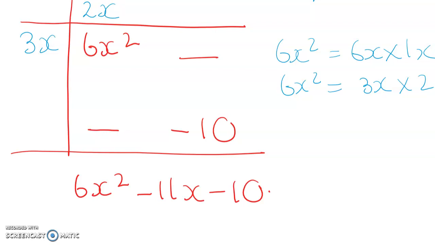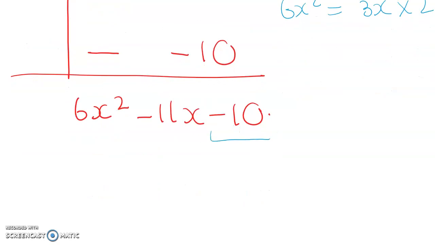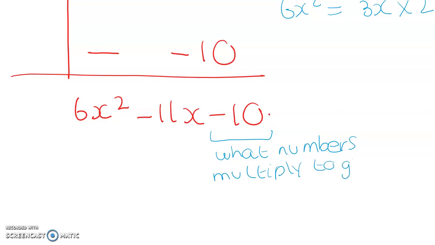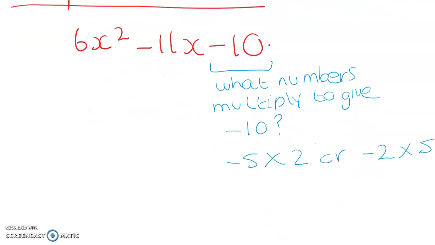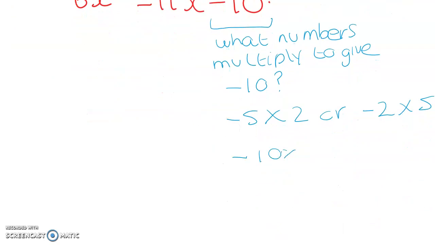Right, so that part is done. The next thing I look at is the minus 10. What numbers multiply to give minus 10? Well, minus 5 multiplied by 2, or minus 2 multiplied by 5, or minus 10 multiplied by 1, or 10 multiplied by minus 1.